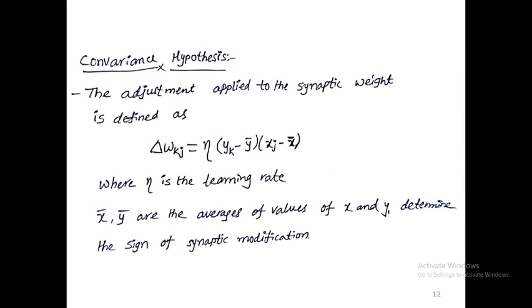Xj of n should be more than the x bar, then only that positive del wkj will come. Here, if y bar and x bar are the same, your selection depends completely on yk of n and xj of n, whether you need to increase the del or decrease the del.